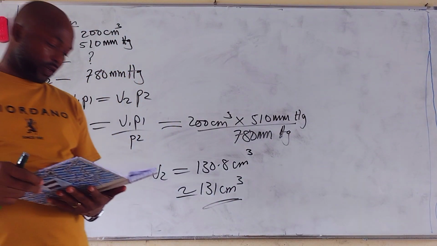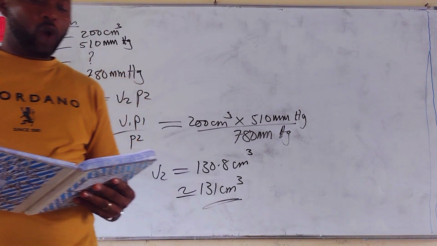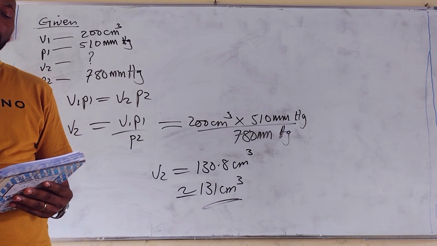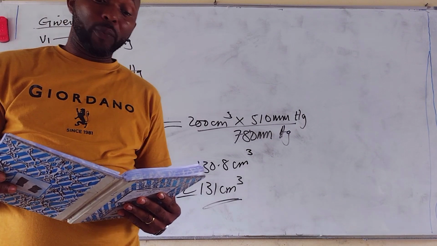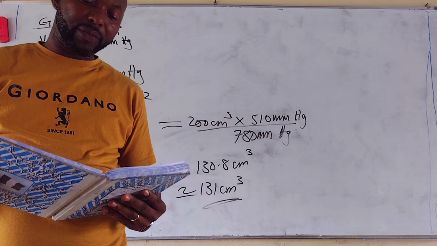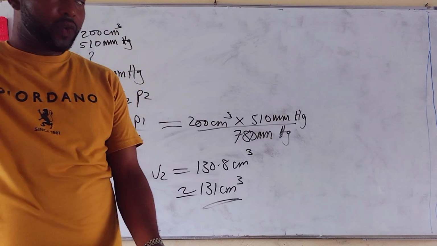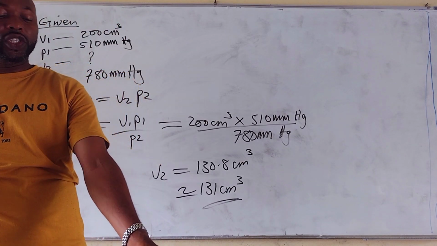Our fifth question. What pressure will be required to compress 350 cm cube of hydrogen at 700 millimeter of mercury to 300? So let's get the question.